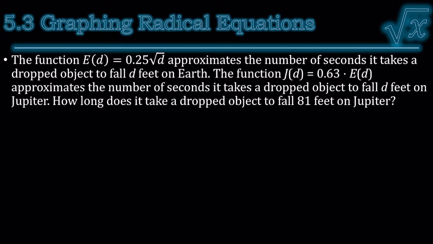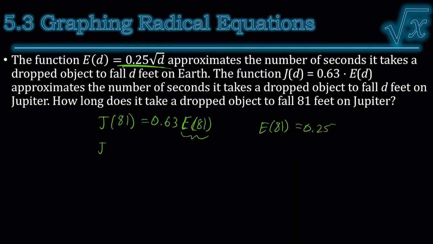Well, we want j of 81, which is 0.63 times e of d, but d is 81. So e of 81 is 0.25 times the square root of 81.